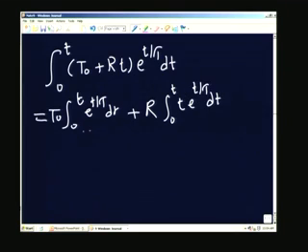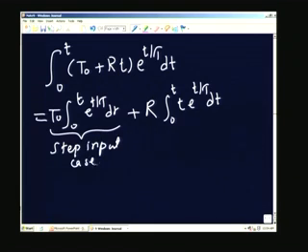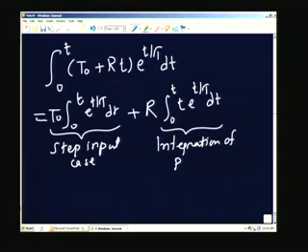The first integral is similar to what we did in the case of step input, already done. Already we have seen that. Here we have an integral which involves the product of t and e to the power of t by tau. This can be done by integration by parts, and in fact I am going to leave it as an exercise for the student to work out, and I will give only the final answer.